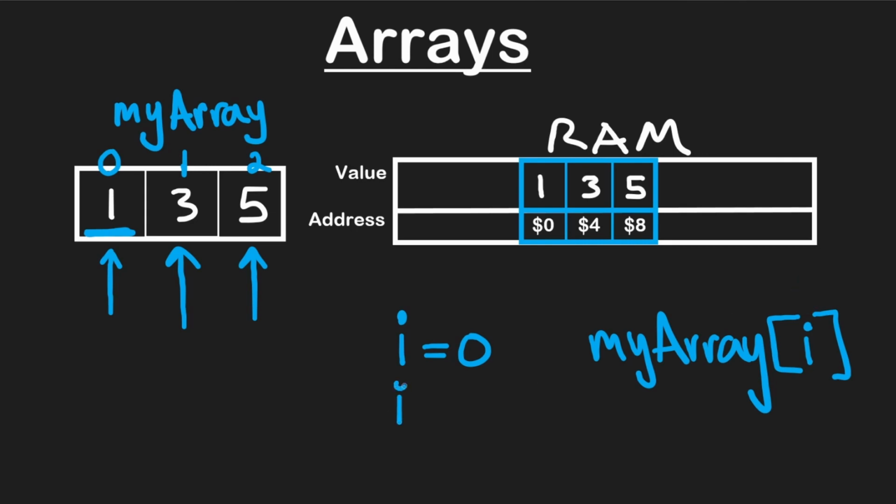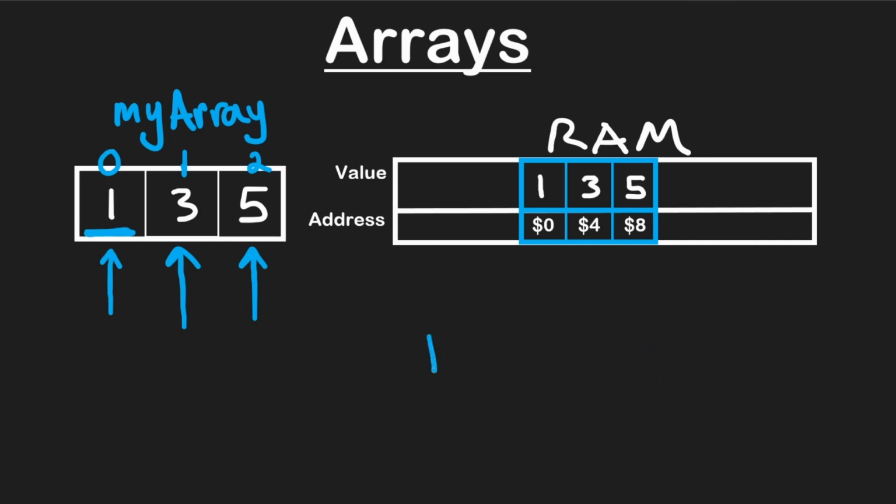And then, of course, we would increment i to be 1, and then we would increment it to be 2, and we would keep doing that until it equaled the length of the array, and then we would stop. So essentially, we would loop through the entire input array. In most languages, you can do so with a for loop or a while loop. Now, while this might seem really simple, the ideas that we're talking about now are going to be the building blocks for very advanced algorithms we talk about later in the course.